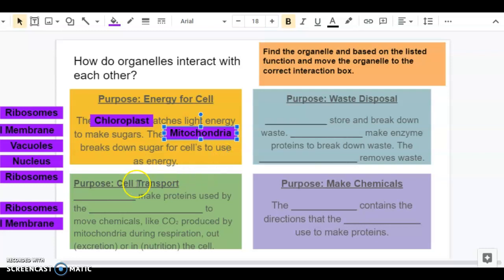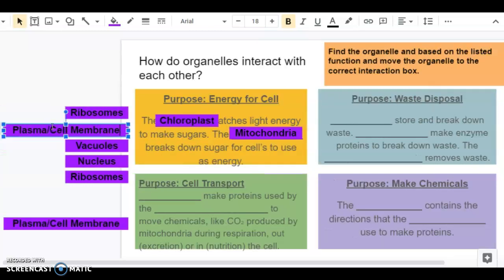The cell also has to move things in and out. And in order to do that, it's going to use its ribosomes to make proteins that will then be used by another cell structure, which is the cell's plasma membrane.